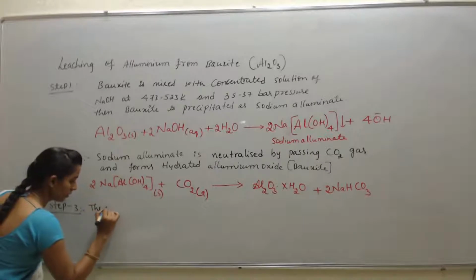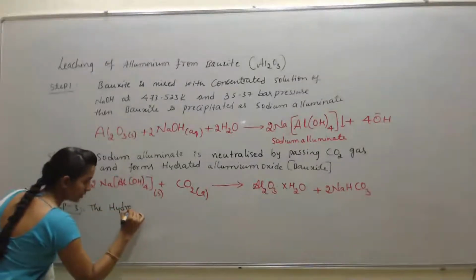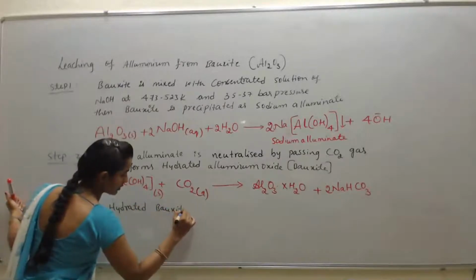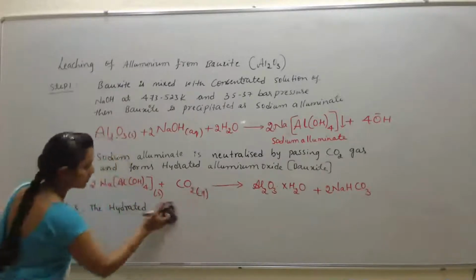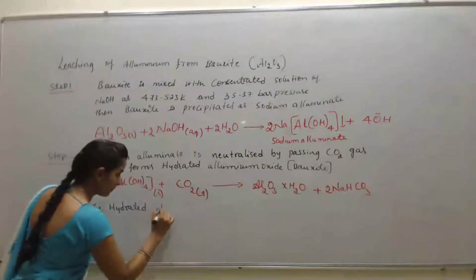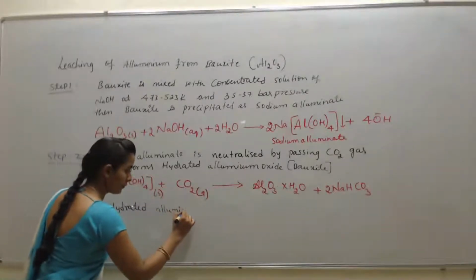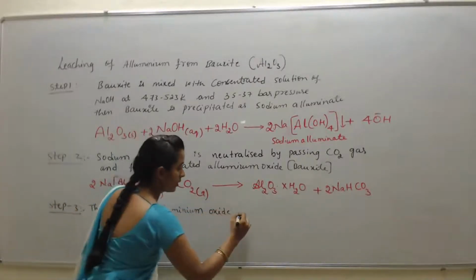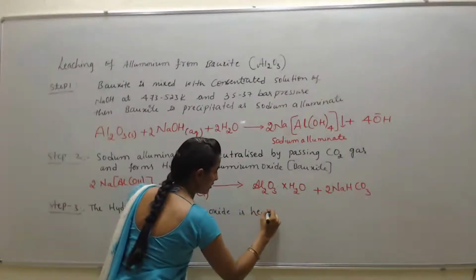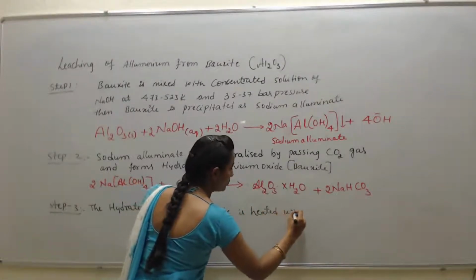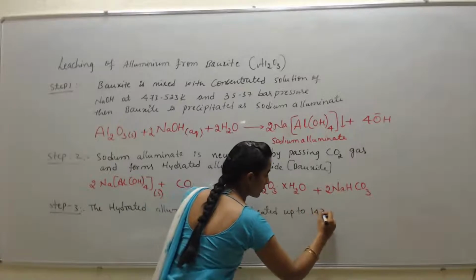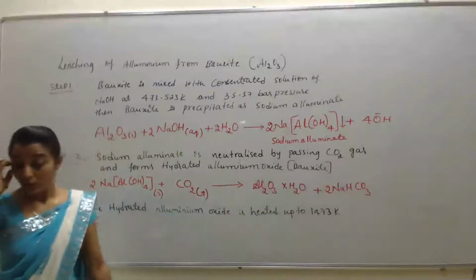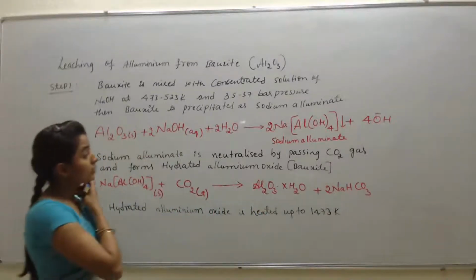Next, the hydrated bauxite, or aluminium oxide, is heated up to 1473 Kelvin. So then what happens?